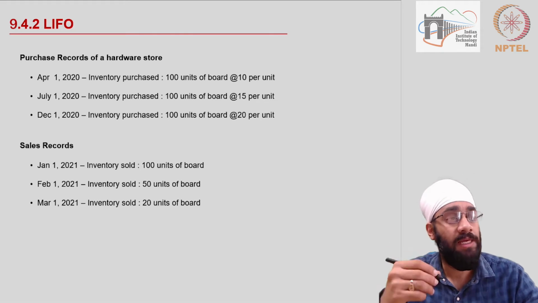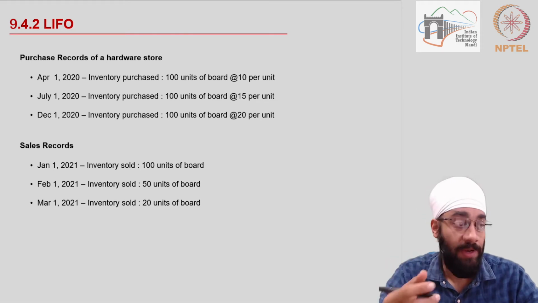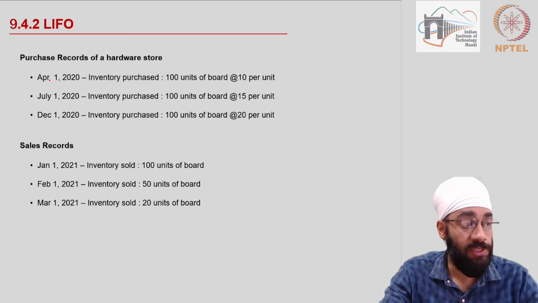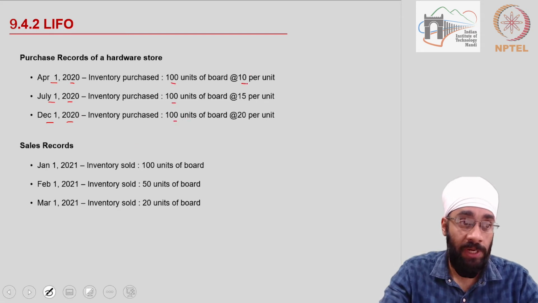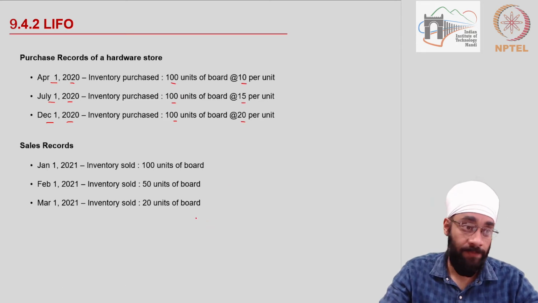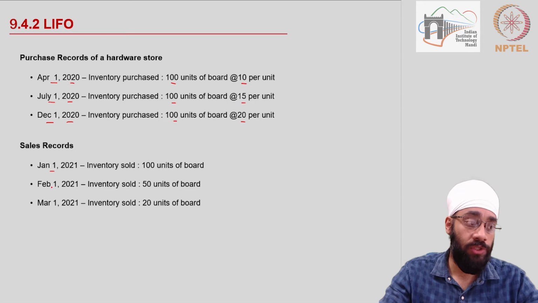Let's look at this example practice problem here. Here you are doing three different purchases on April 1st, 2020, on July 1st, 2020, and on December 1st, 2020. Three purchases are being done, 100 units at each purchase, but the price of the purchase is varying on each occasion. And then there are three occasions in the next year, although same financial year.